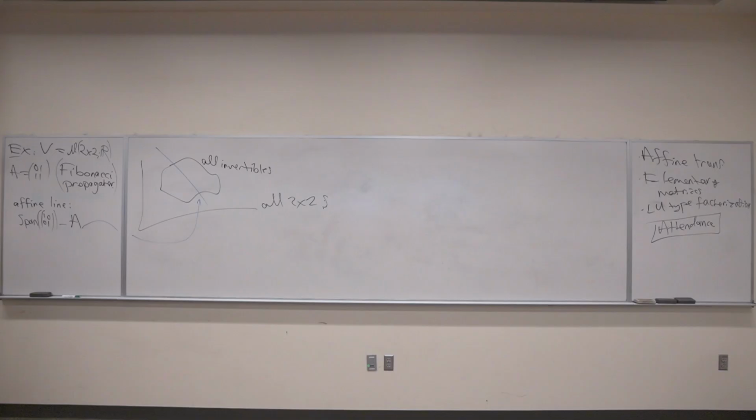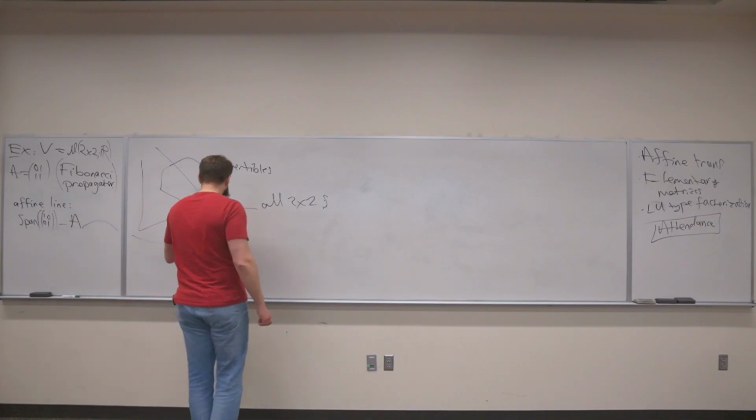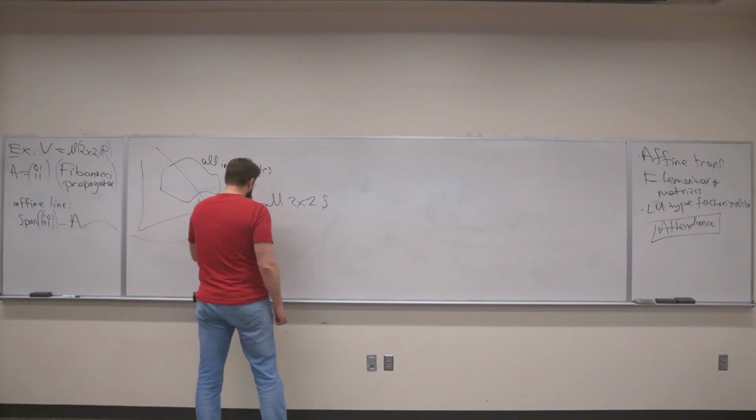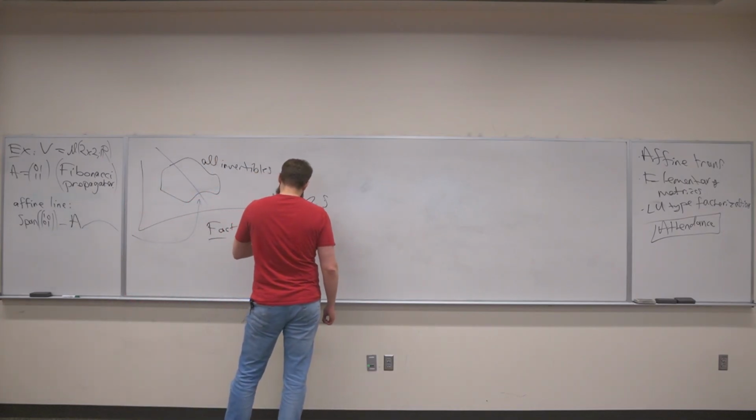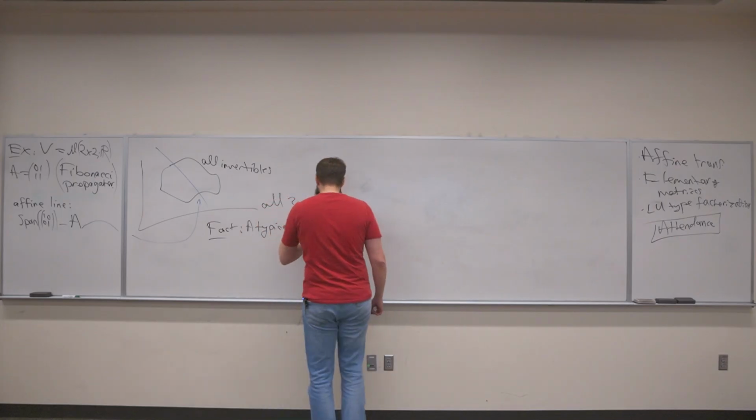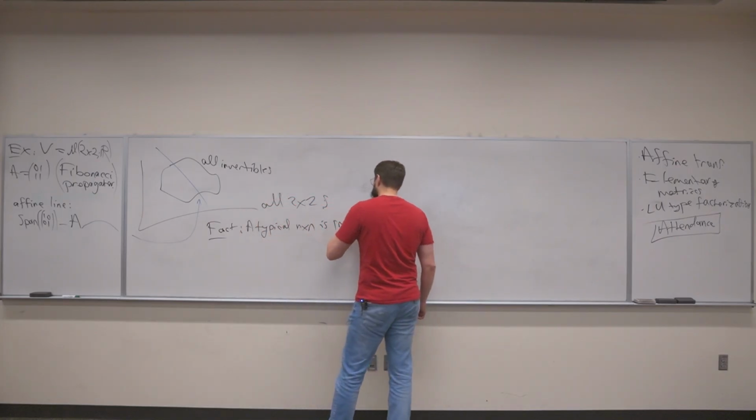So instead of looking at those 2 by 2s in this affine line that are invertible, I want to look at the exceptions. In other words, I want to look at the 2 by 2s in this line that are not invertible. So I'll write this here, fact: a typical n by n is invertible.